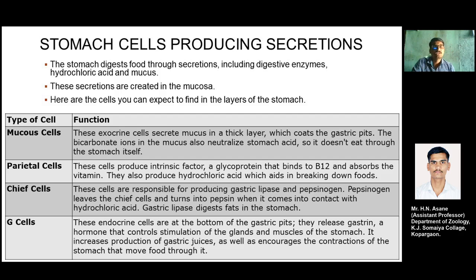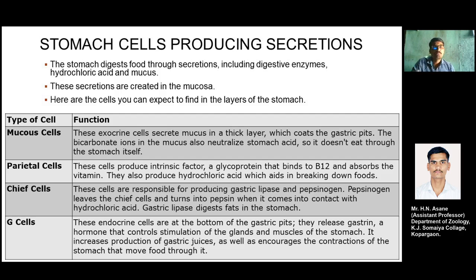As I said, the two layers, the lamina propria and the muscularis mucosae, have this type of cells. As you can see, there are two columns in front of you: one presents the type of cells and the other the functions of those cells in this chart. The mucous cells, the exocrine cells, secrete mucus in a thick layer which coats the gastric pits.